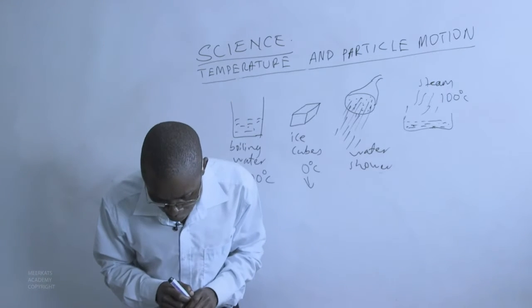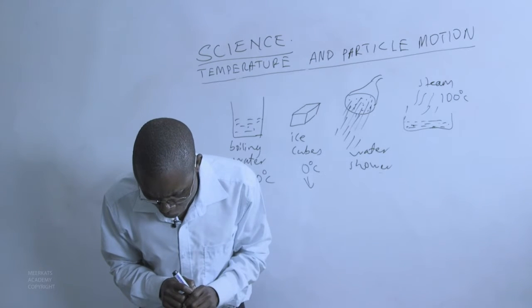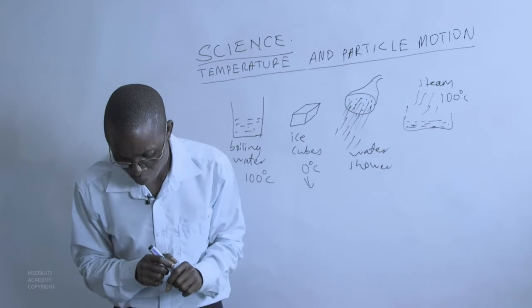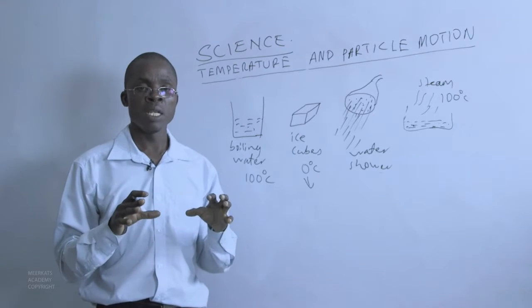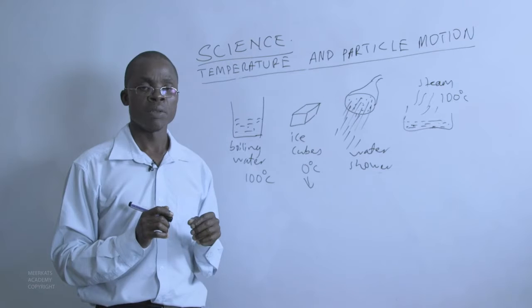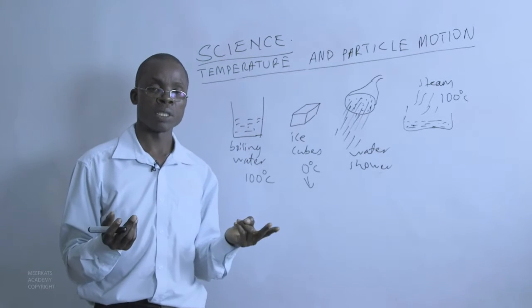The next question is, in which diagram will the particles have the most kinetic energy? Justify your answer. The most kinetic energy. In the opening statement, I said that temperature is measured in two ways.